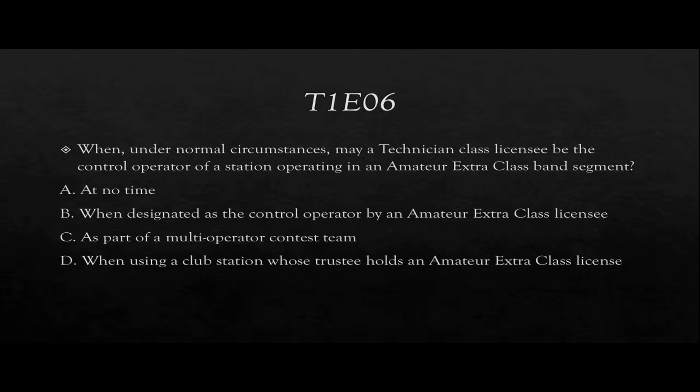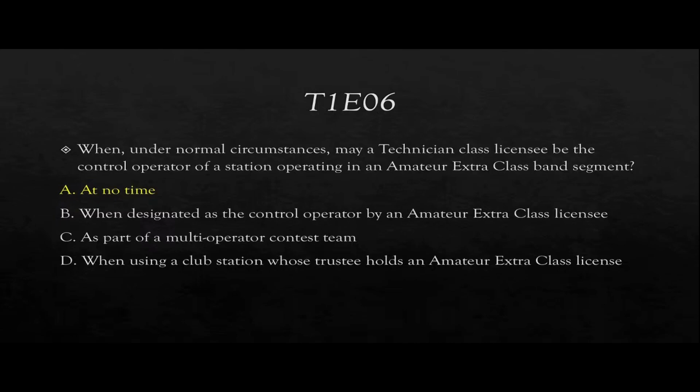So this falls into me too as a general. If I am transmitting in the amateur extra and I have the amateur extra sitting next to me, I am not the control operator, they are. So that gives us the answer A, at no time. When designated as control operator, like I said, it can't be a control operator.